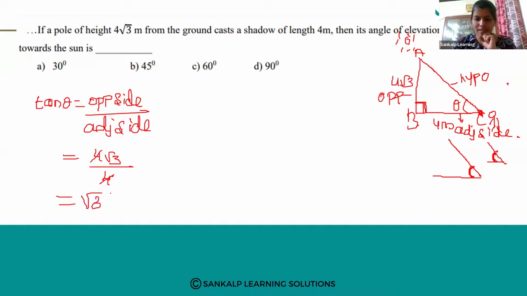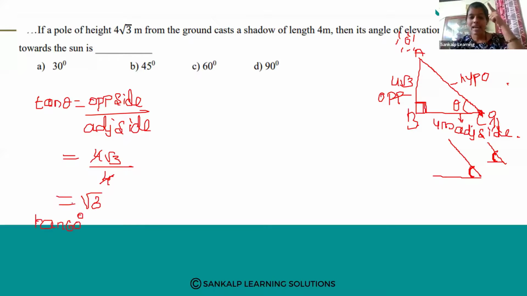So root 3, this is the value of which angle? For which value of theta do we get root 3? That is tan 60 degree. Yes or no? So tan 60 degree is equal to root 3. Already we know, right? So we recall the table.